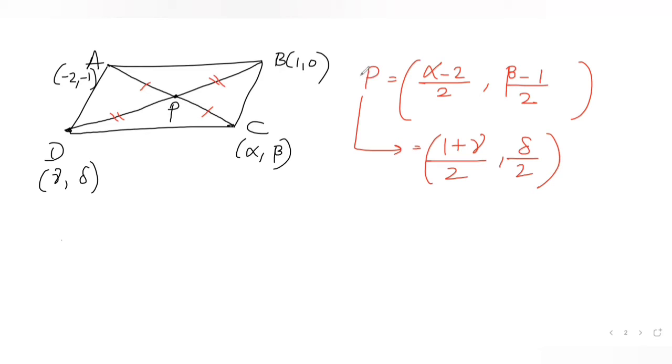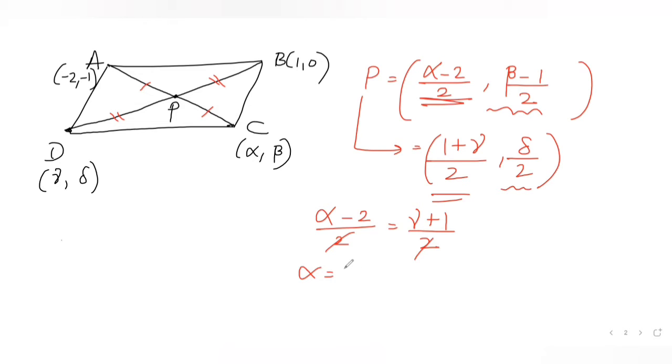Since P has the same coordinates for both midpoints of the diagonals, I can equate the x coordinates and then the y coordinates. Equating the x coordinates, (alpha minus 2)/2 equals (gamma plus 1)/2. So alpha is gamma plus 1 plus 2, so alpha becomes gamma plus 3, and gamma is alpha minus 3.